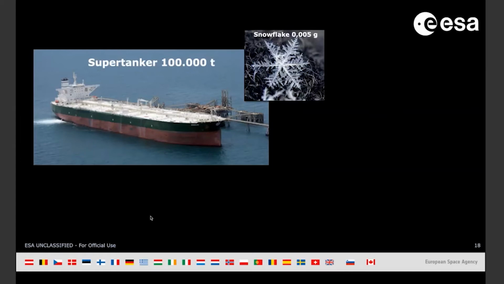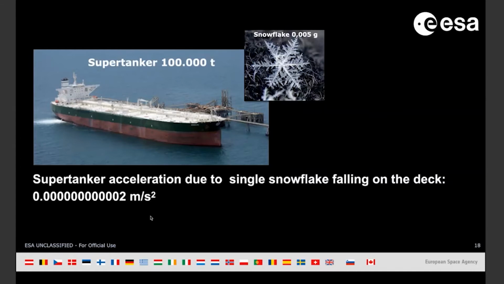is in the air. Now, the supertanker's acceleration due to this single snowflake falling onto the deck of the ship basically equals this number that you see here. That is a 2 with 11 zeros in front of it.